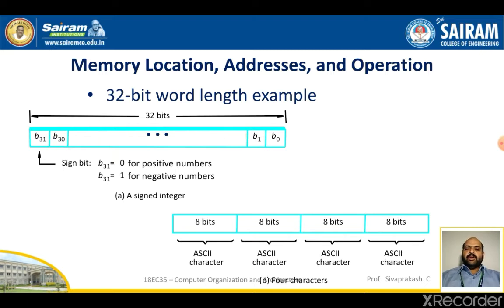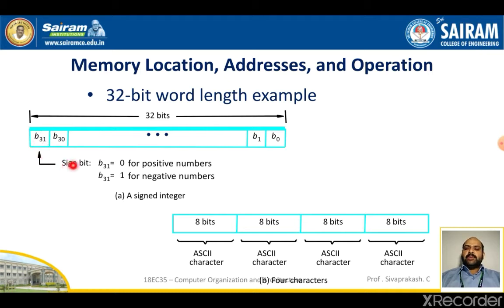Usually the most significant bit is the 32nd bit. Simply we can say B31, because we start with 0, so the nth bit becomes n minus 1. So the 32nd bit is B31.